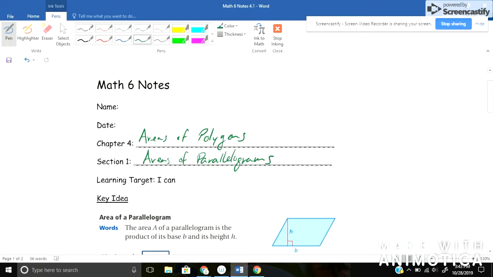So you notice in this shape here, this side is parallel to this side, and the top is parallel to the bottom. That's where it gets its name. And for our learning target, I can find areas of parallelograms.